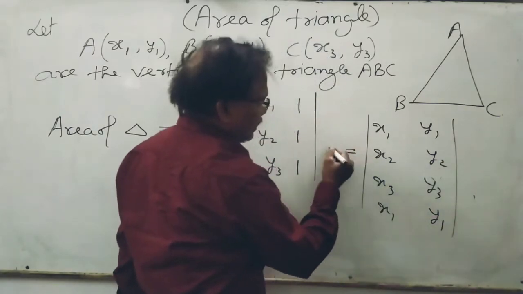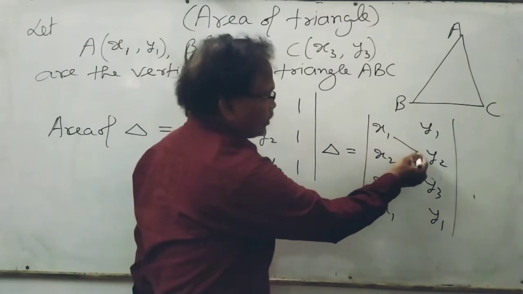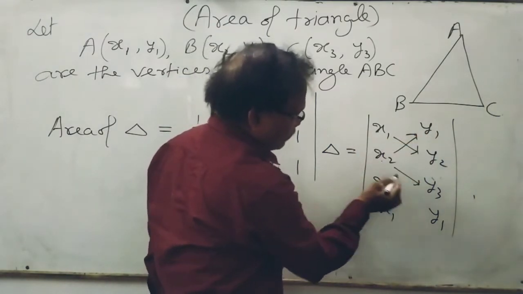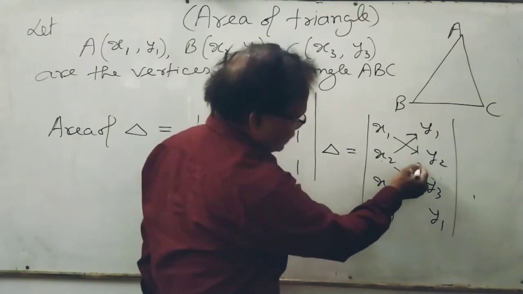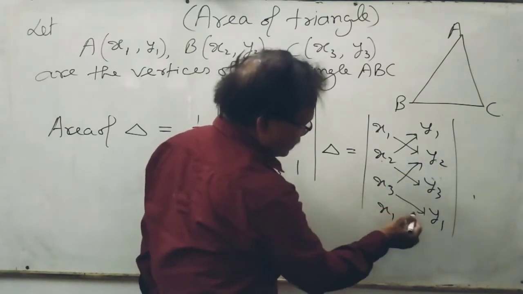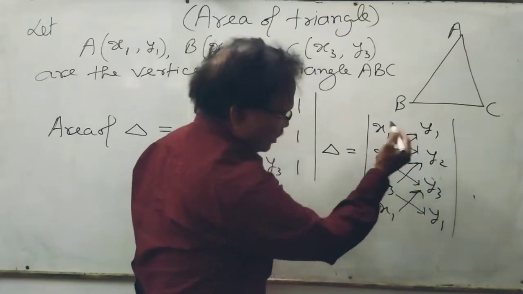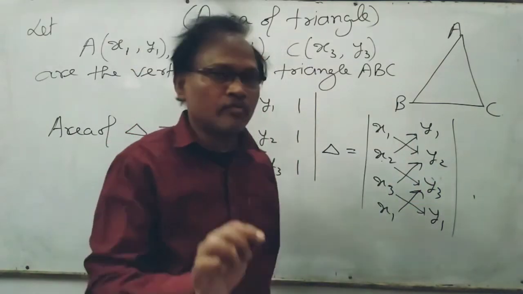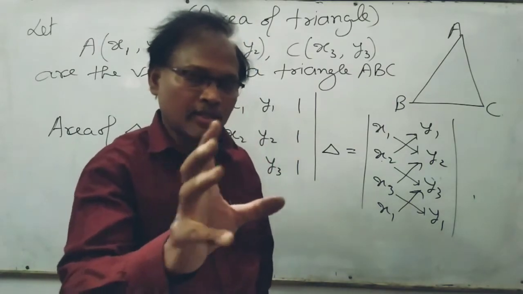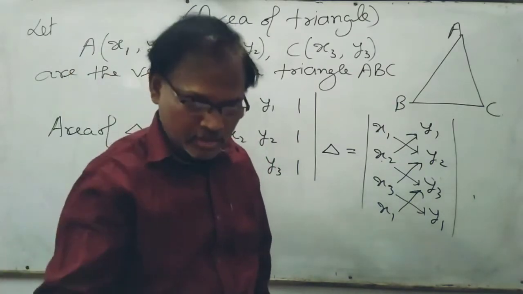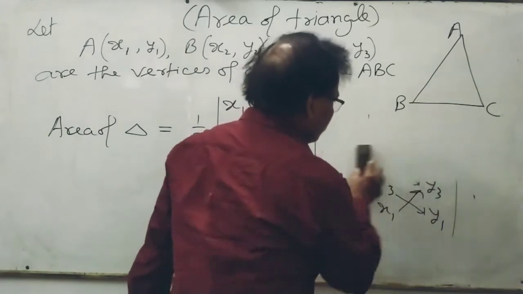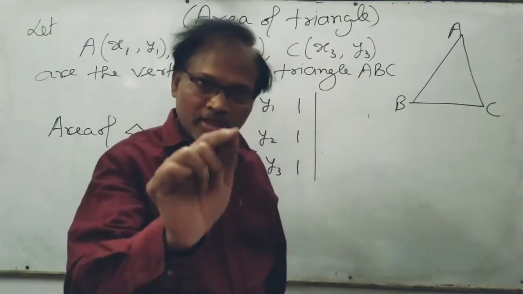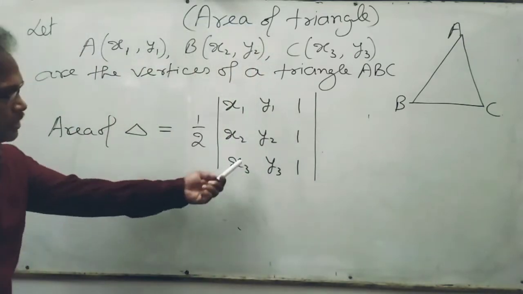The area of the triangle is half times x1 y2 minus x2 y1 plus x2 y3 minus x3 y2 plus x3 y1 minus x1 y3. This is the area of the triangle, which you read in class 11 in coordinate geometry. Now with the help of determinant, the same thing comes in this determinant.